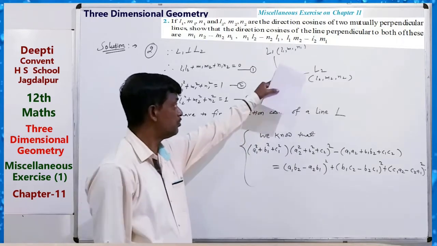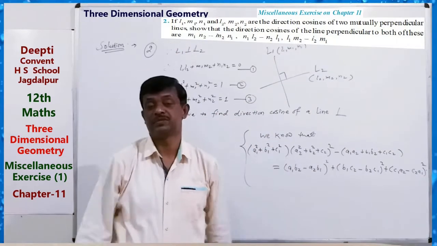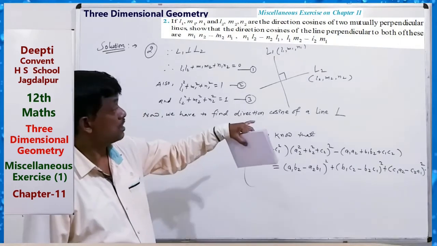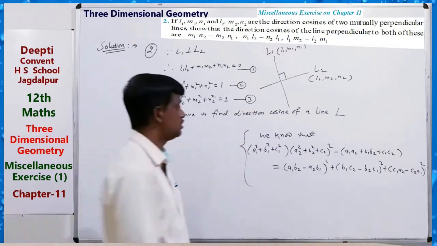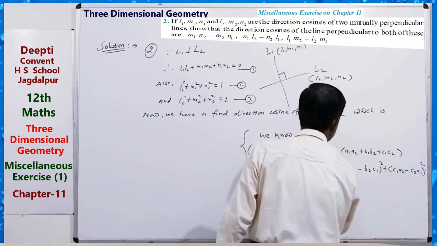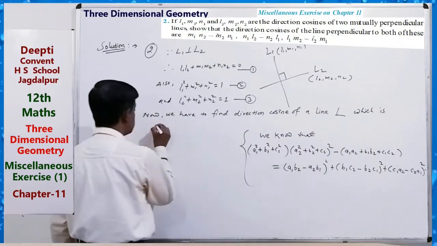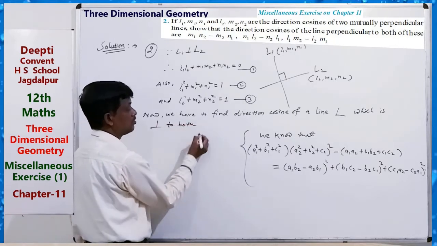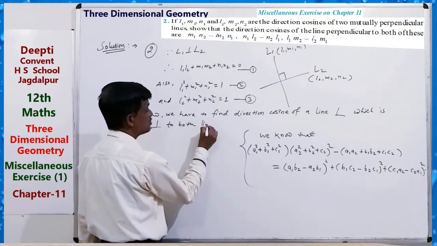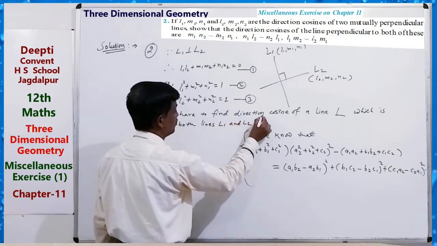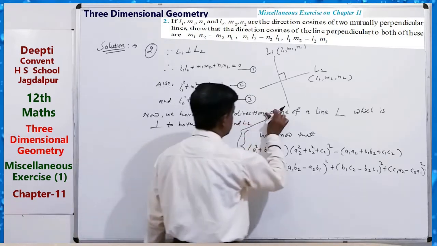This is in 3D space. We just have to find the direction cosines of a line L which is perpendicular to both lines L1 and L2.